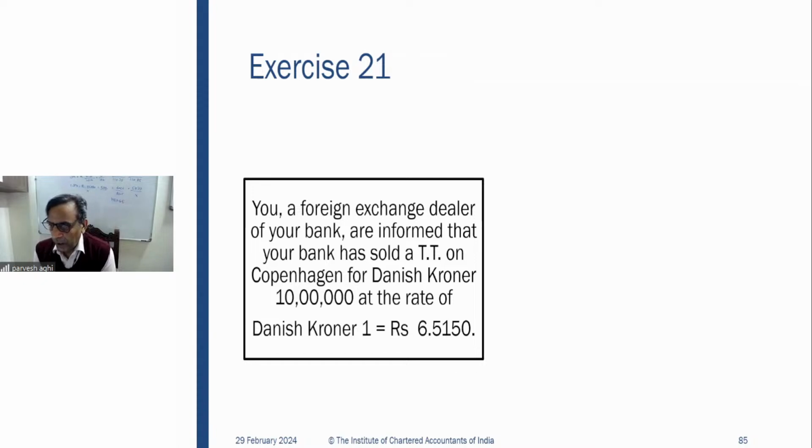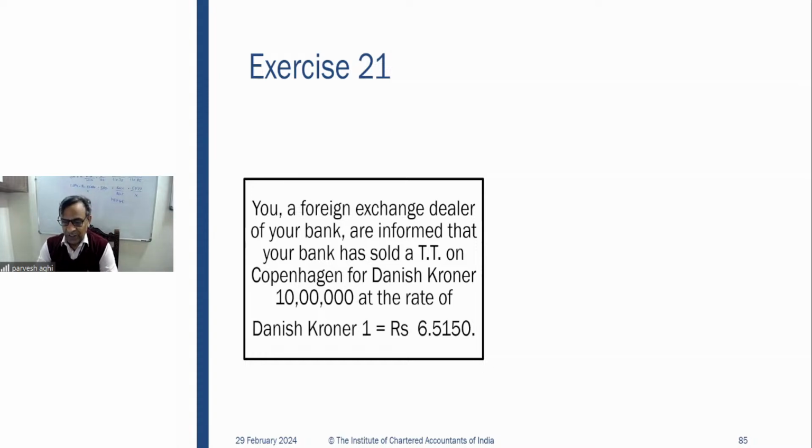Exercise number 21 says: you, a foreign exchange dealer of your bank, are informed that your bank has sold a TT on Copenhagen for Danish kroner 10 lakhs at the rate of 1 Danish kroner equal to rupees 6.5150.